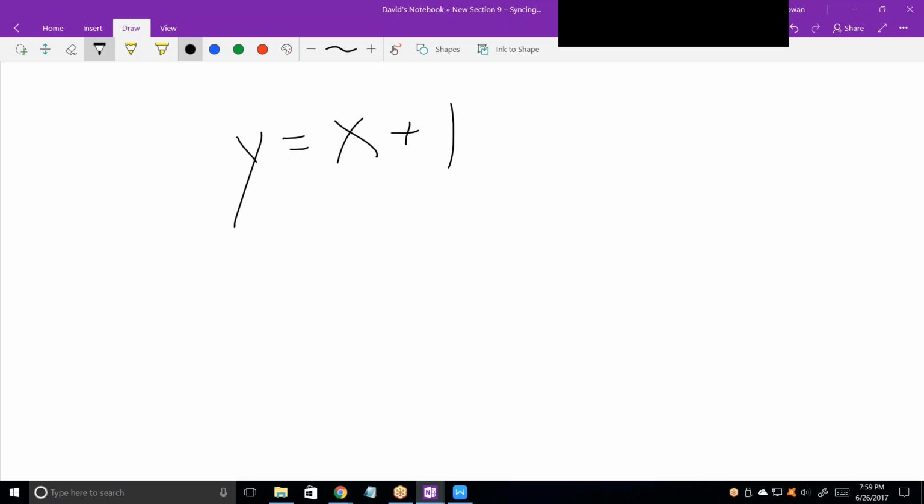The correct way to think about domain isn't what values can I put in, it's are there any values that I cannot put in? Domain is much more about figuring out what you can't use rather than what you can use. Is there any value of x I cannot use?